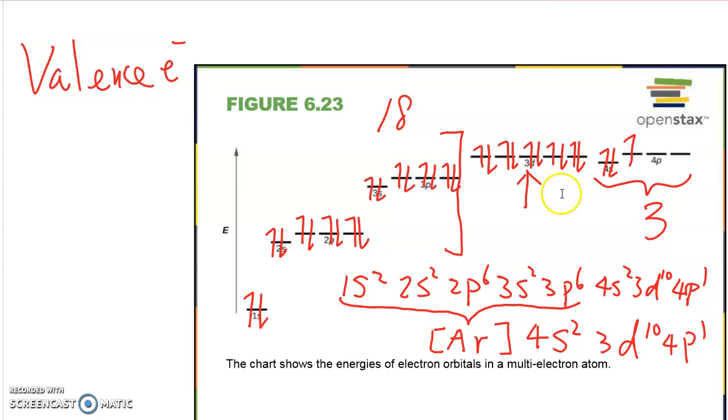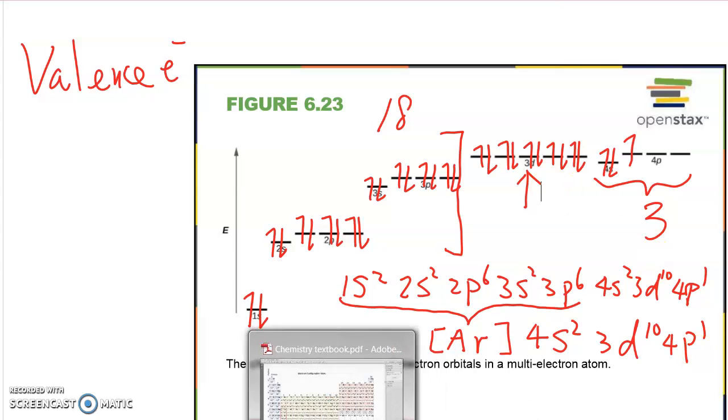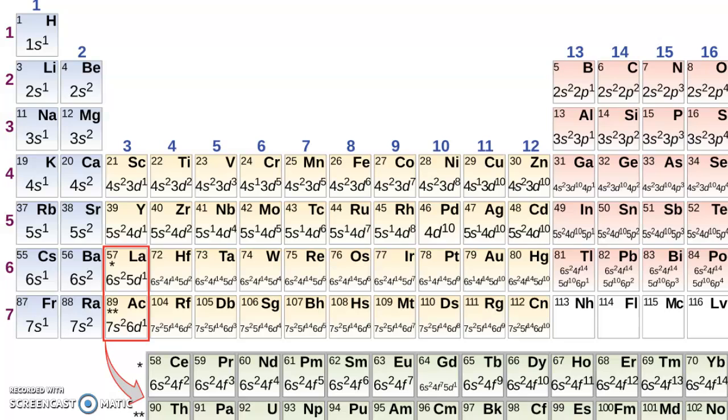Now I'm going to show you a periodic table that shows all the electron configuration. If you look at over here, you see 1s1, 2s1. Okay, so all these group members in this family, I always can see s1, because they have the similar electron configuration.